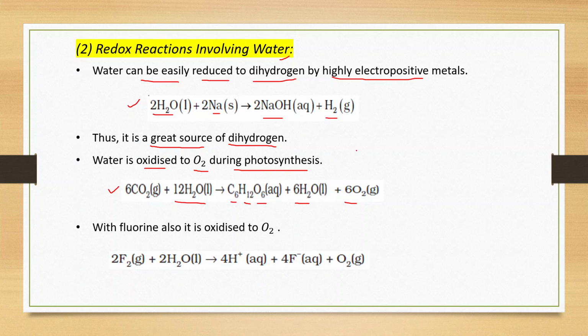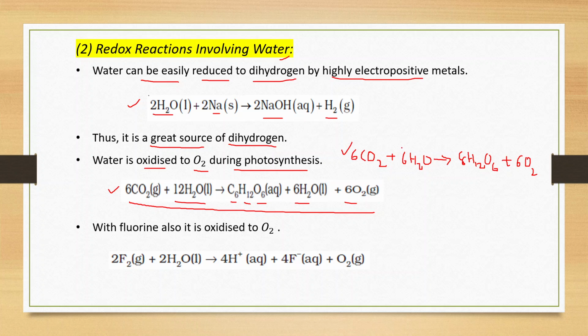Dear student, in the lower class, you have discussed the photosynthesis reaction like this: 6CO2 plus 6H2O converting into C6H12O6 plus 6O2. This you have discussed in the lower class, but in this class you are studying this one. What is the difference between this one and this one?